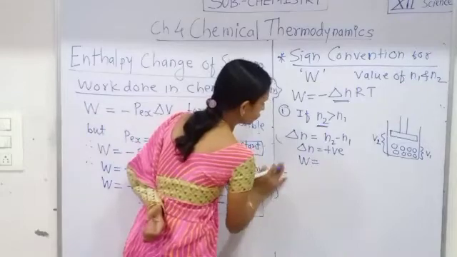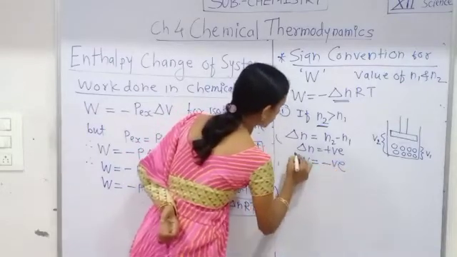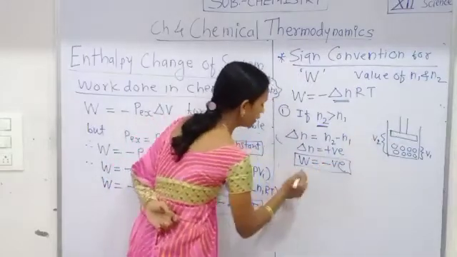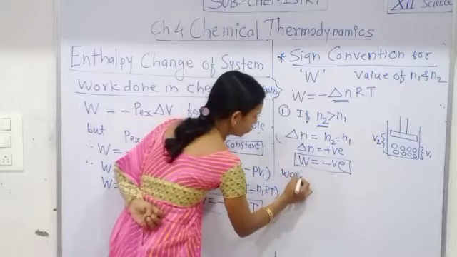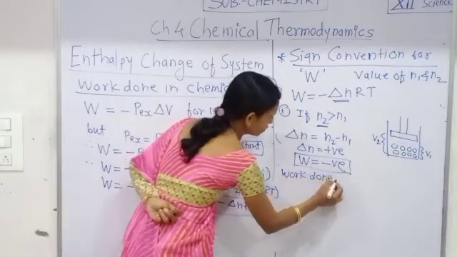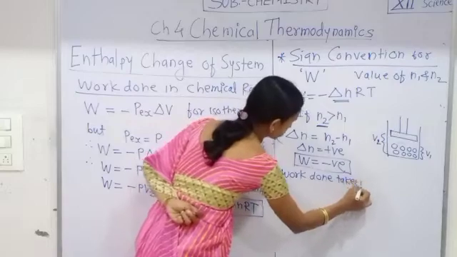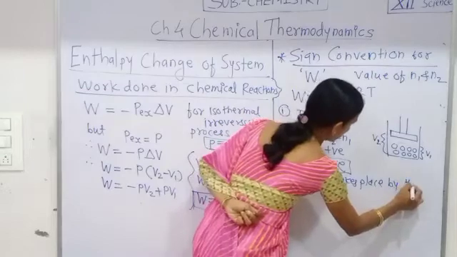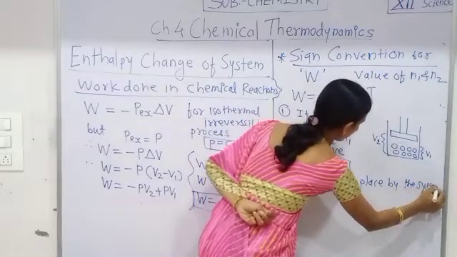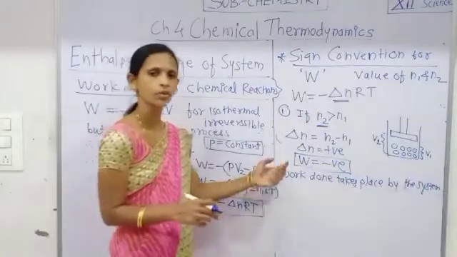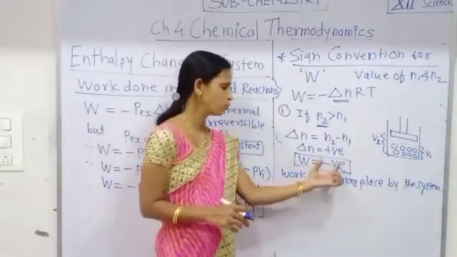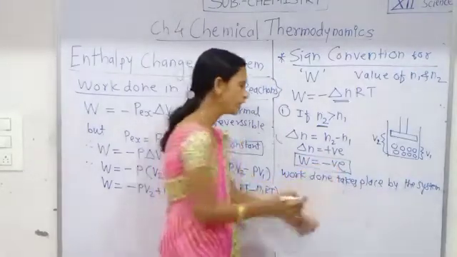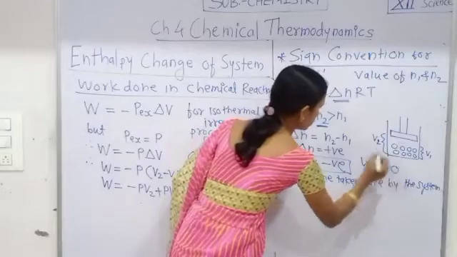Therefore W is negative. That means work done is negative, and as work done is negative, work is done by the system. That means here W is less than 0.